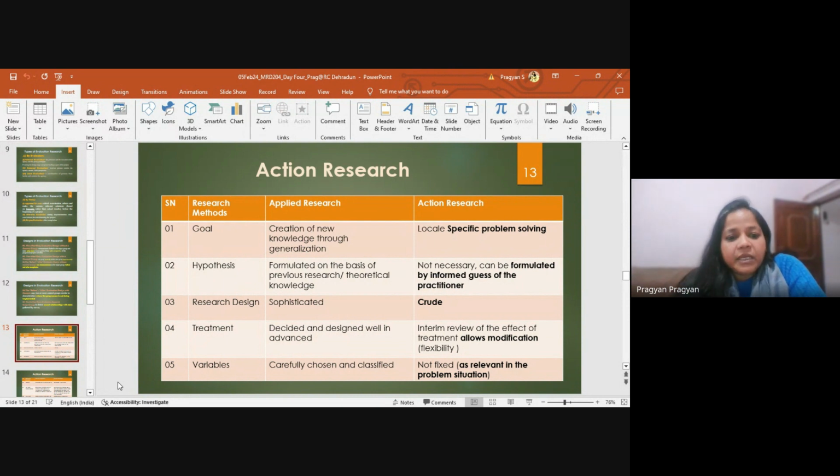Second, the main hypothesis is going to be completely crude in the sense you are not bound to frame your hypothesis in strict terms, because you are not conducting action research for acquiring knowledge.